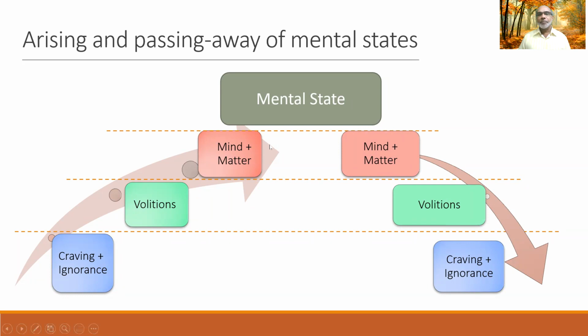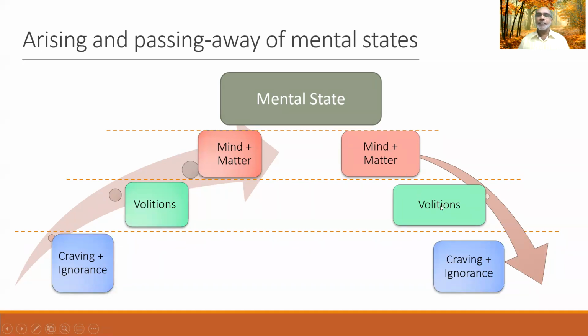For example, if the bottom one, craving plus ignorance, is not present, then the mental state will vanish and a new mental state can't even arise because the driving force is not there. But supposing the volition which caused the arising of the mental state dies, but craving and ignorance still remain in the mind, then a new volition will take place and a new mental state will arise. Suppose the mind vanishes while the volitional force is still there.